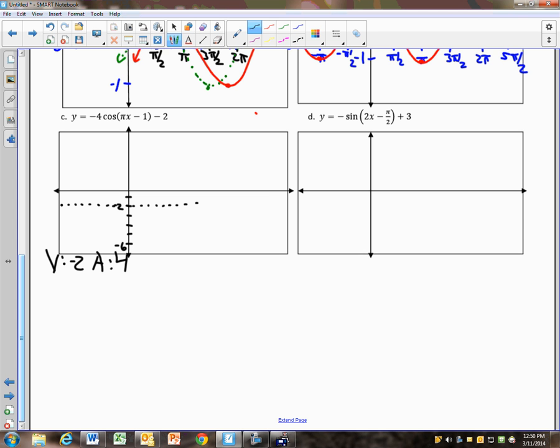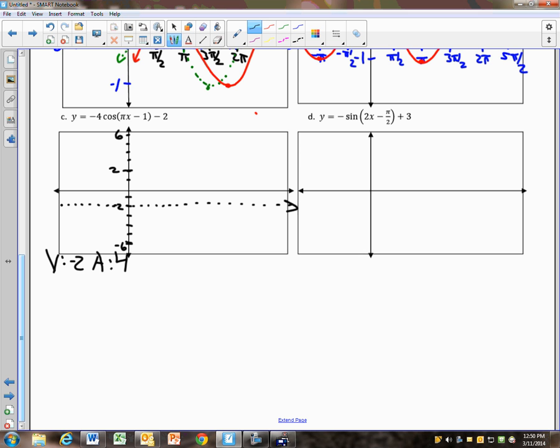Put my axis through -2. What's going to be my maximum value? Yeah, +2. So 2 will be my maximum, -6 will be my minimum, and bounce back and forth between those.